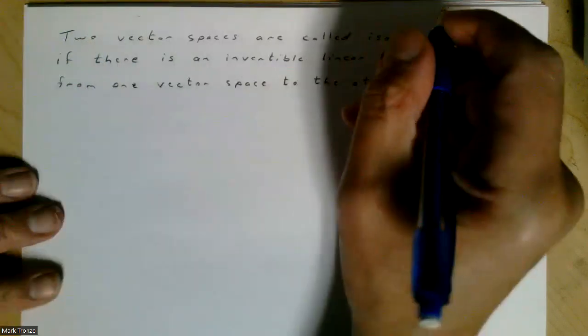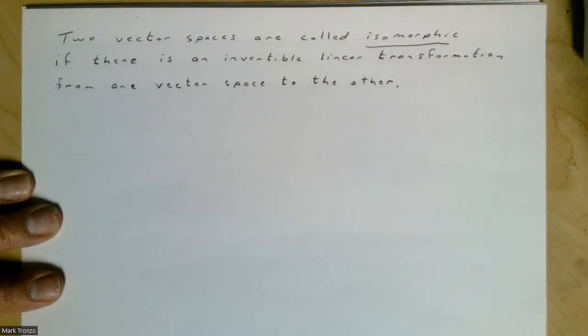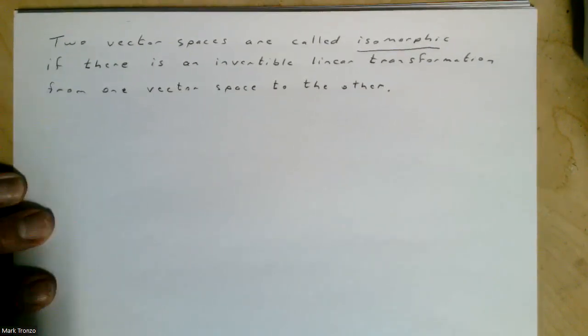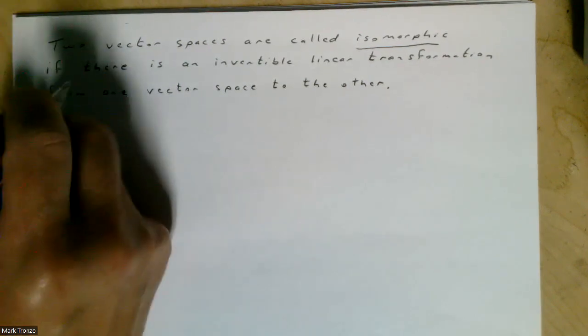So that's the definition of isomorphic. So two vector spaces are isomorphic if you can find a linear transformation, if there is a linear transformation that's invertible between one and the other.